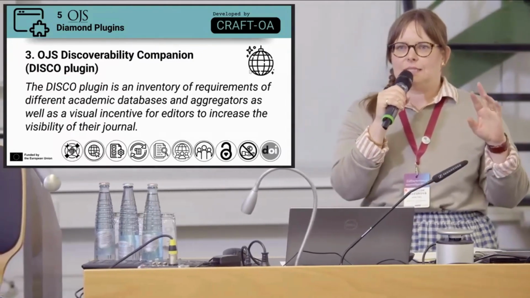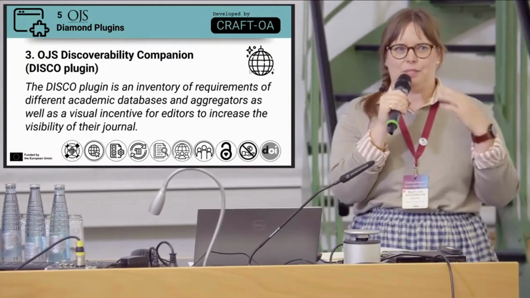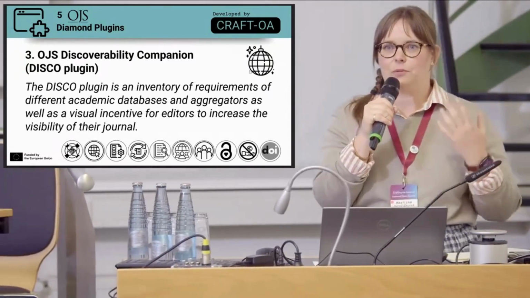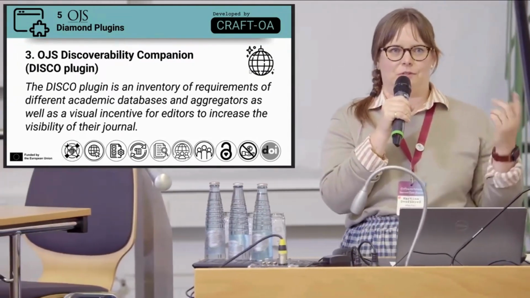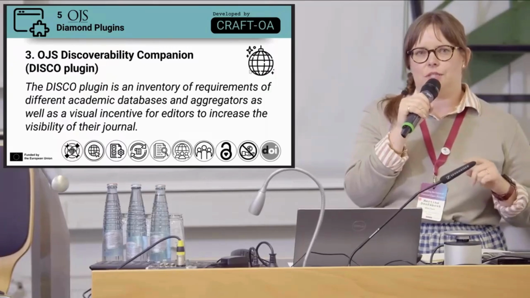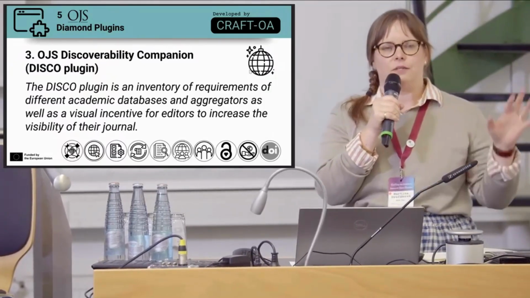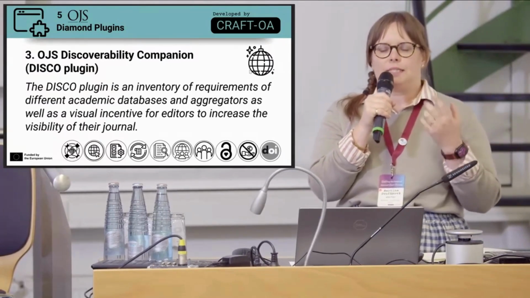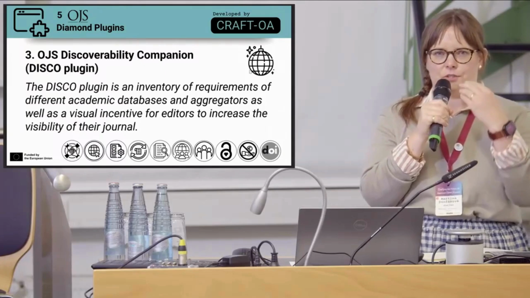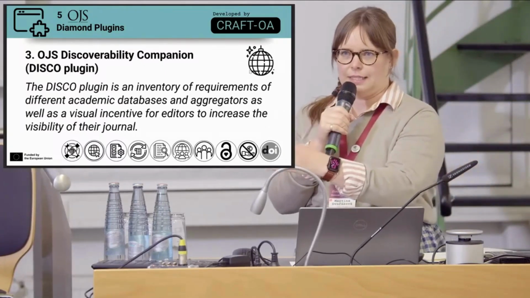But the good news is that a lot of them are already checked for you because, again, automation: the OJS system knows a lot of things about your journal. So what the system knows is already checked. Other boxes you need to check yourself. And after you do the process, you have a results page, and you can see very clearly that your journal is already fit to apply for, for example, OpenAIRE or DOAJ or other indexes.